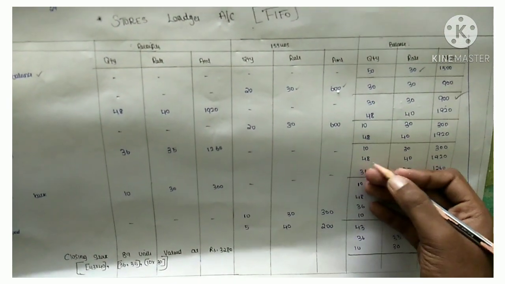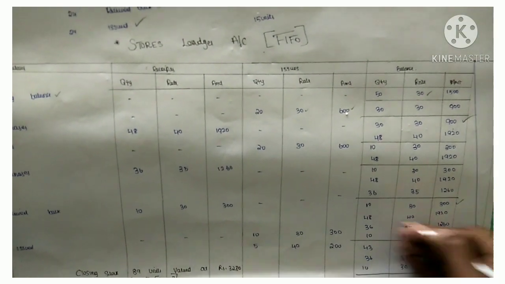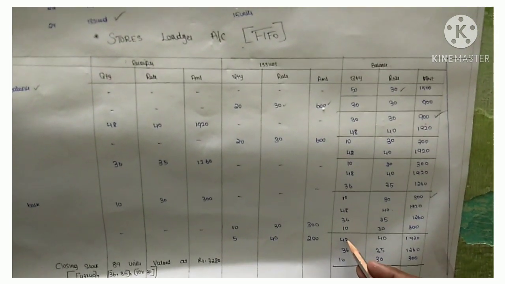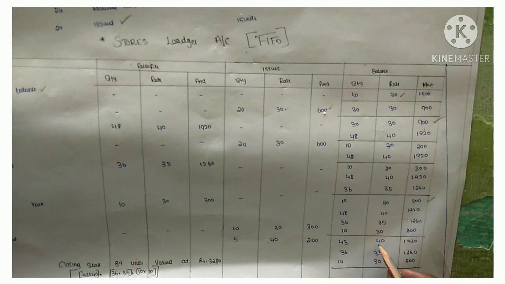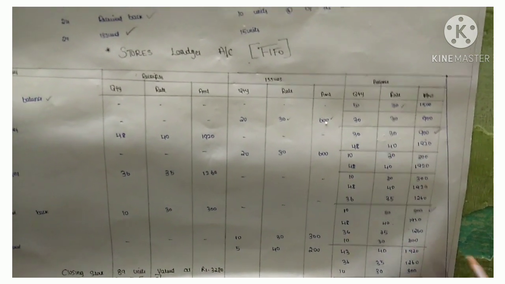And another 5 units are issued at the rate of 40. 5 units at 40 is equal to 200. The balance is 43 units at the rate of 40, and the total amount is 1720.